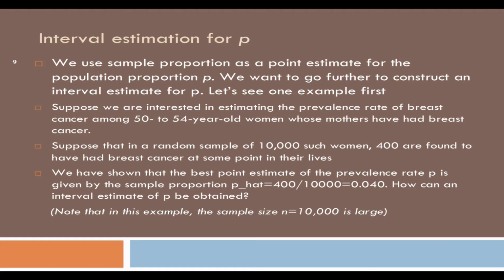So these are the properties of P hat. Irrespective of N, it's unbiased, it has the smallest variance. If you're willing to assume that N is large enough, then P hat is also normally distributed with this mean and this variance.